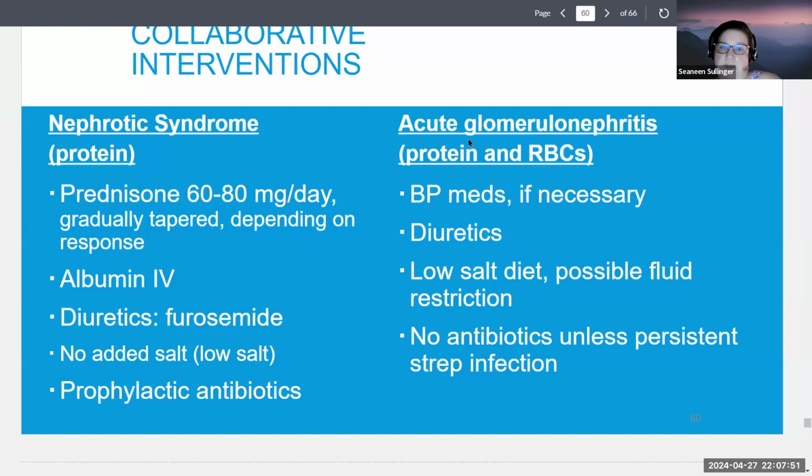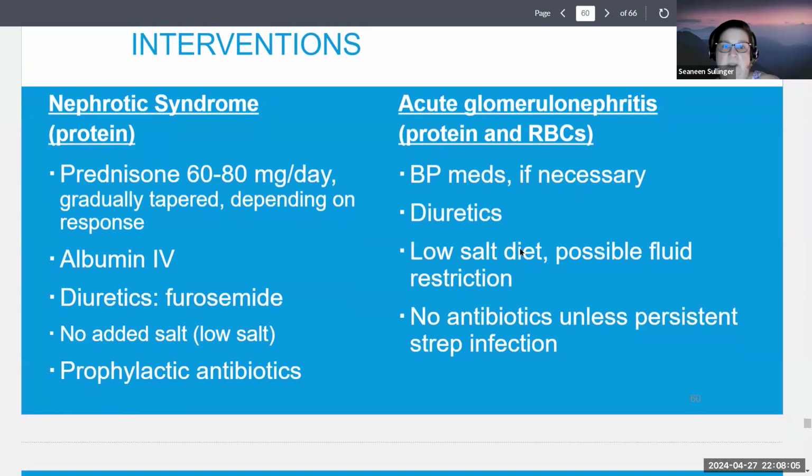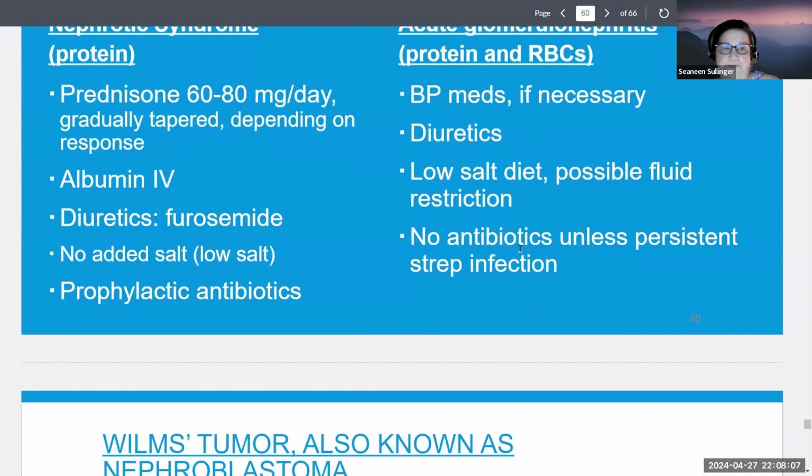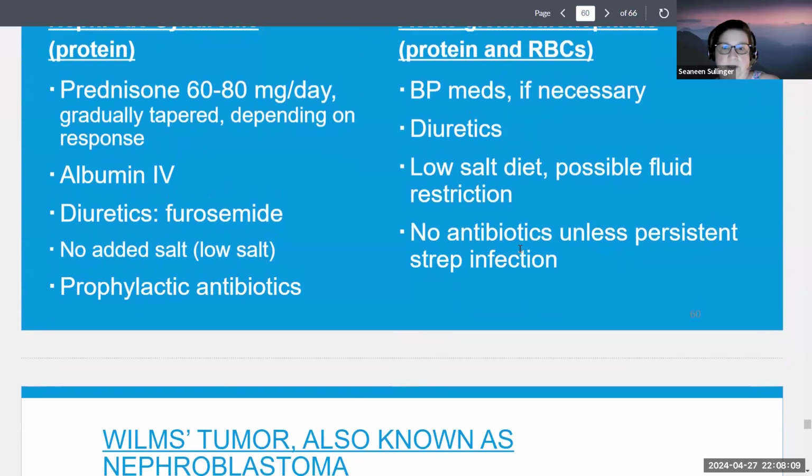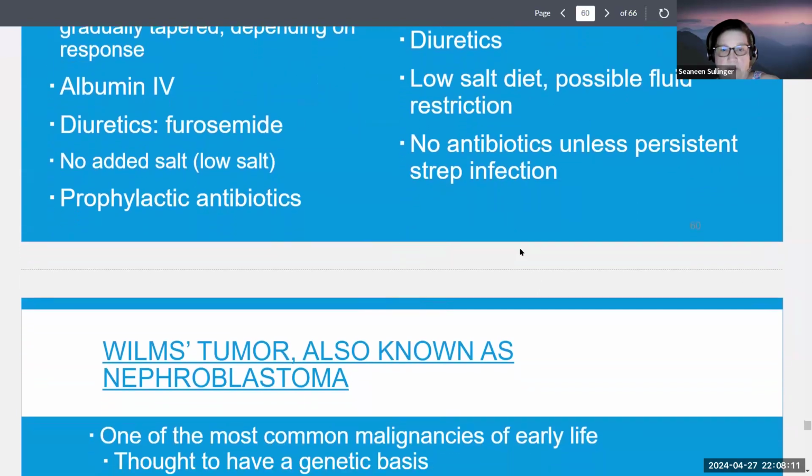We don't need to give antibiotics with the glomerulonephritis necessarily unless there's a persistent strep infection, because remember, this happens generally 2 weeks after the strep infection. Possible fluid restriction, diuretics as well.